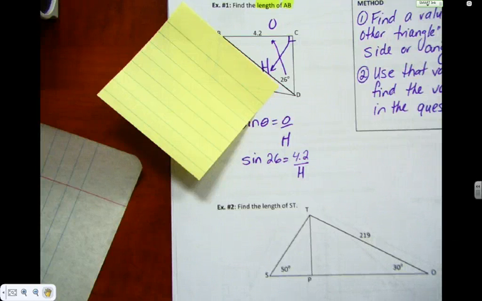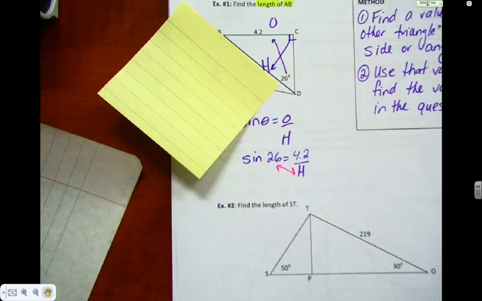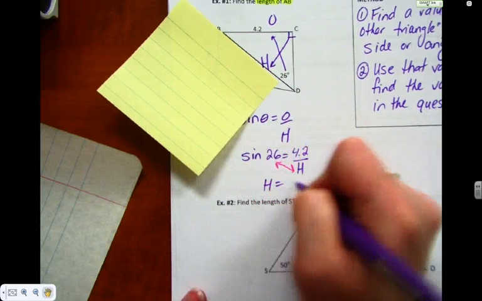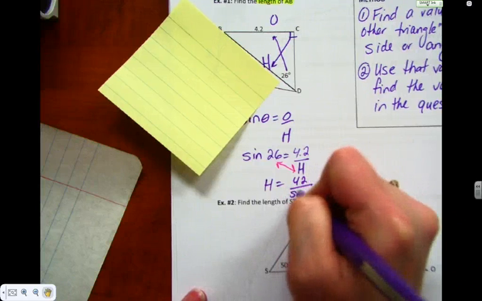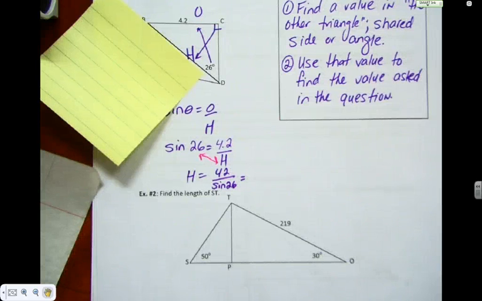What's the shortcut to isolating H when it's on the bottom? Swap it. Again, if you want to do that in two steps, multiply by H, then divide by sine 26, that's fine. I'm just going to do the switch. I love the sound of the covers coming off the calculator.